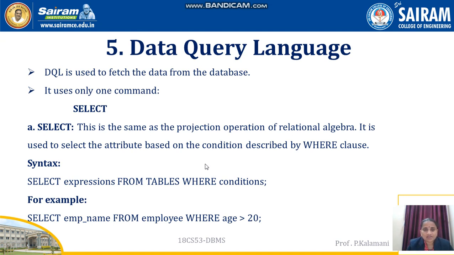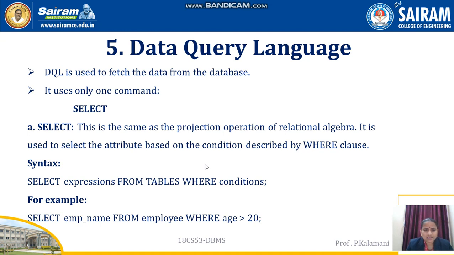The last language in SQL is data query language. From the name itself, using it we can fetch the data from the database. Till now we covered structure-related operations and data manipulation operations. Now the main thing is fetching the data from the database. For that we need the data query command called SELECT.